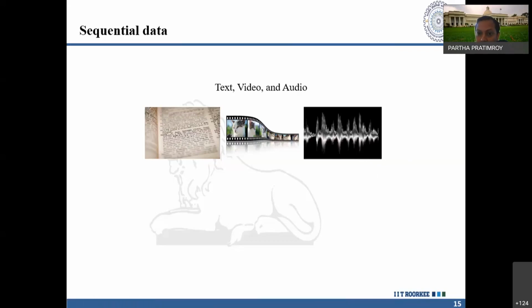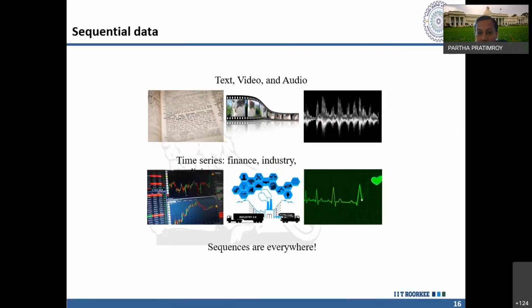So when we want to consider the context, what is the previous information, what is previous to previous, it matters a lot. It appears in time series data, finance, industry, everywhere: stock exchange data, weather forecast.